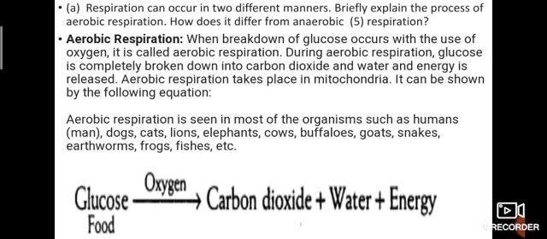Aerobic respiration is seen in most organisms such as humans, dogs, cats, lions, elephants, cows, buffaloes, goats, snakes, earthworms, frogs, fishes, etc. So this is the equation. Glucose, which means food, gets oxygen, after it burns, it releases carbon dioxide plus water plus energy.